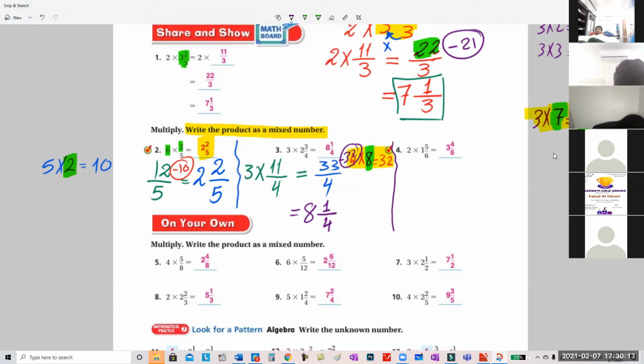How can we solve it? What's the first step? 2 multiplied by 5 equals 10. I don't think so. Can you help?